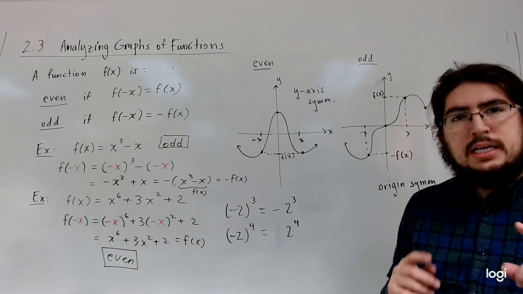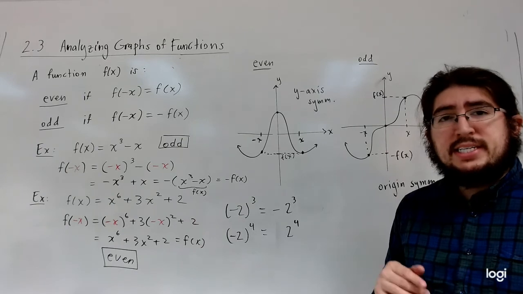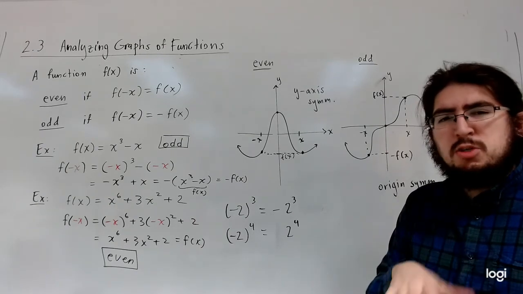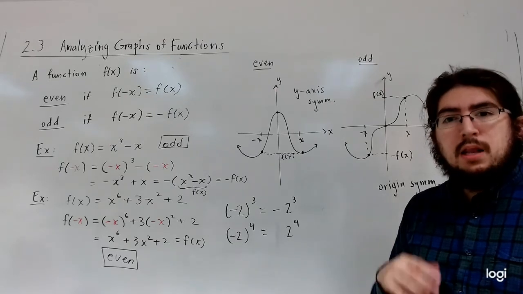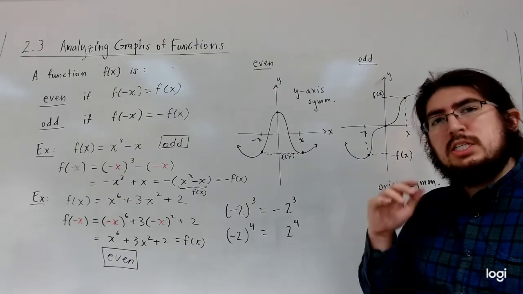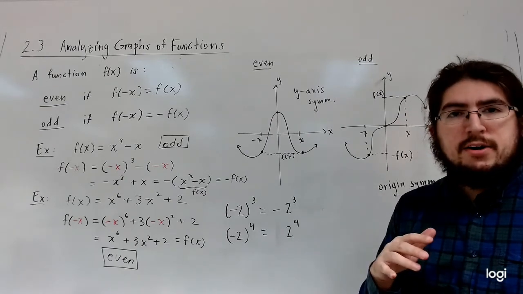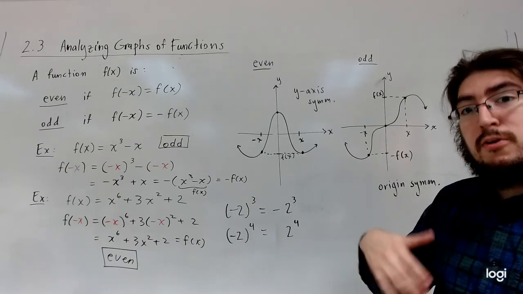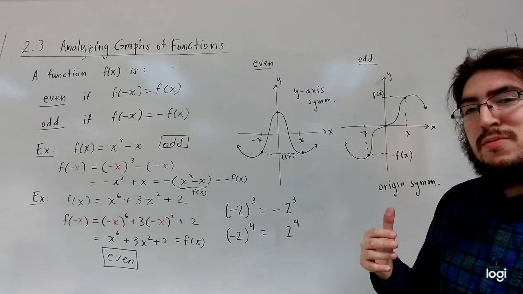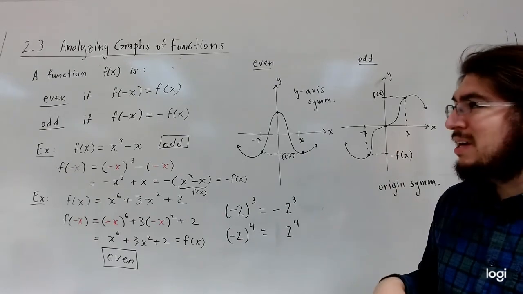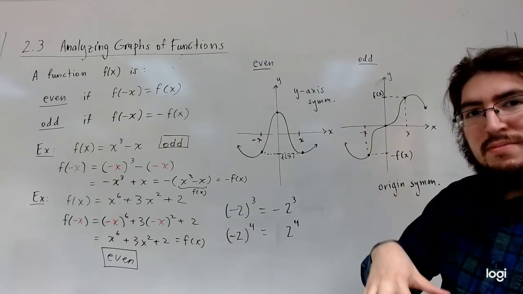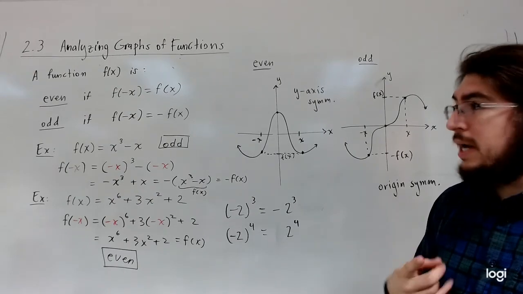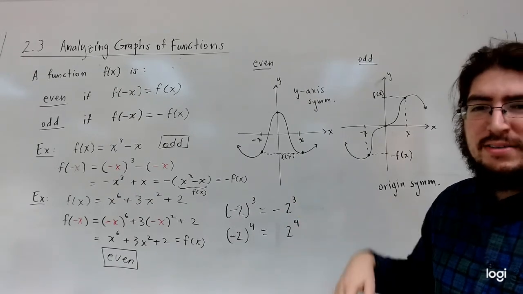But at least I introduced increasing, decreasing, and constant in this section, because like I said, we won't really be seeing it too much later on, but it comes up a lot in calculus. So just introducing an idea here, I think, is good, because it kind of plants the seed, so to speak, for what will flourish into something very beautiful in that topic of math. But as far as immediate things, zeros is what we kind of need for this class a lot, and even and odd will come up later.